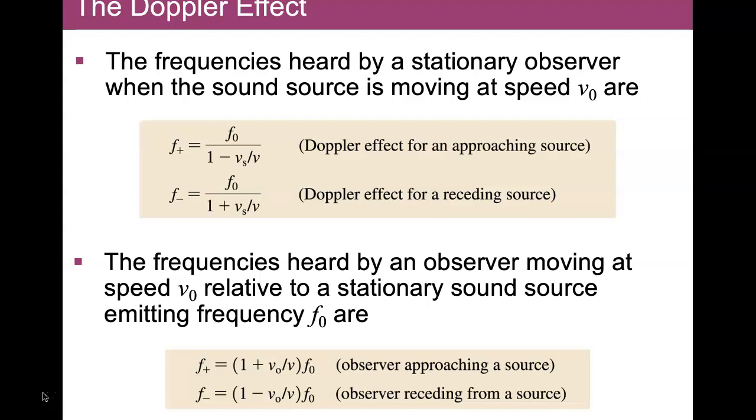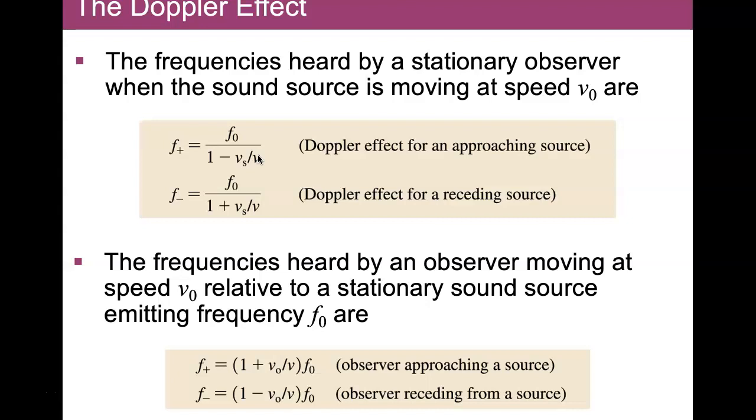They're going to be a little bit different from these expressions here. But just as a word of caution, we cannot replace the speed of wave propagation v in these expressions with c, the speed of light, and expect that to work. In the regime of things moving fast, comparable to the speed of light, Newtonian mechanics doesn't work.